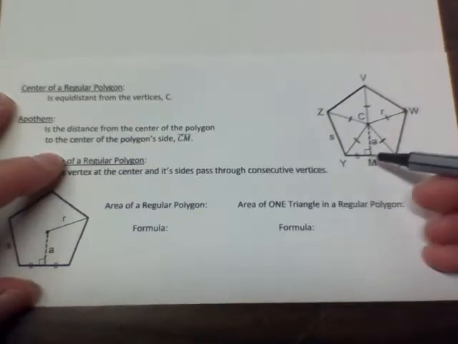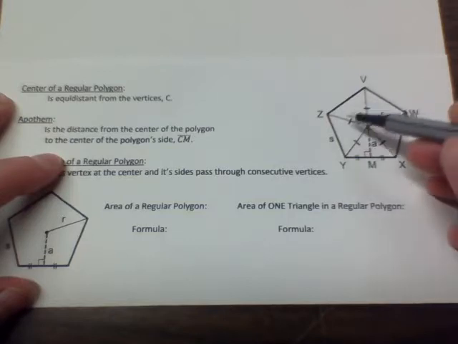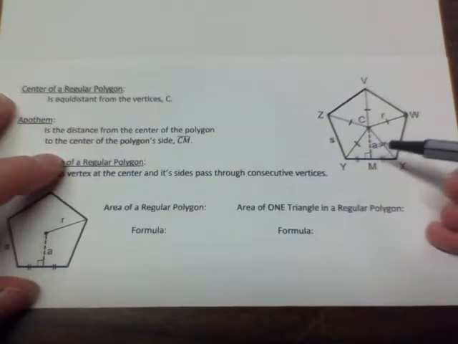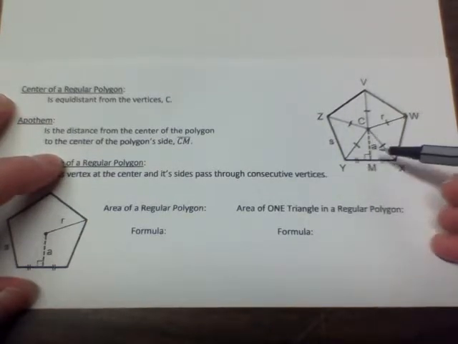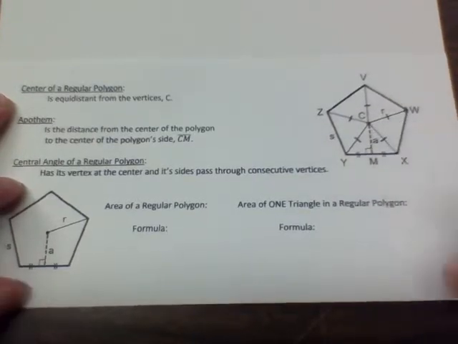So notice that I labeled this one as M because it's actually the midpoint. So all of these are the same lengths for radius, but YM to MX is also the same length because this is a height of this triangle, and it would, for an isosceles triangle, be at the midpoint. So CM is the height.